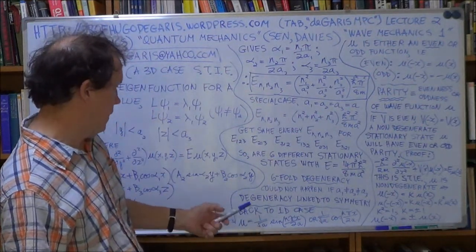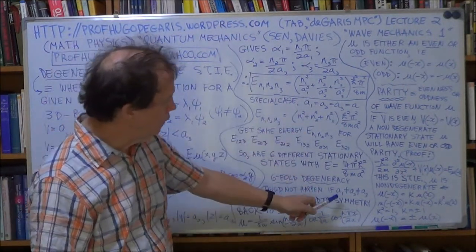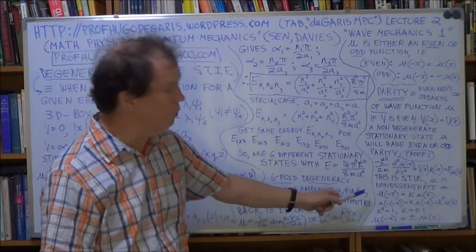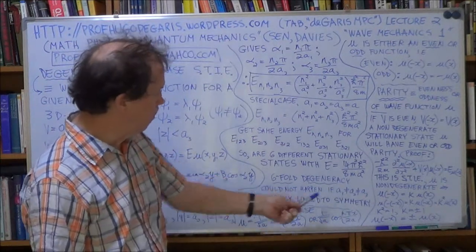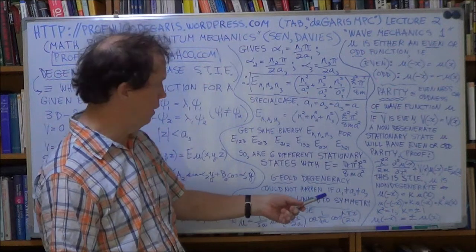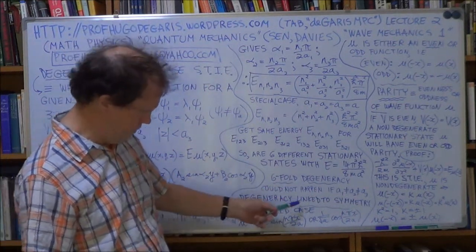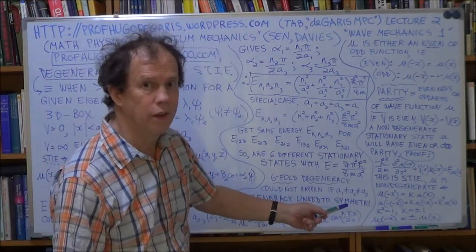Okay. Now, going back, reversing that sort of thinking, if the dimensions of your box, your A1, A2, A3, they're all different, if it's a rectangular box, whatever, then you do not get degeneracy, right? And so that makes you suspicious that degeneracy might have something to do with symmetry. Right?